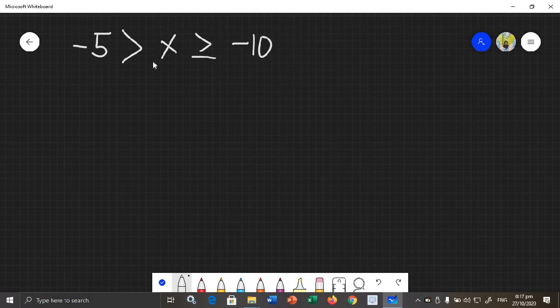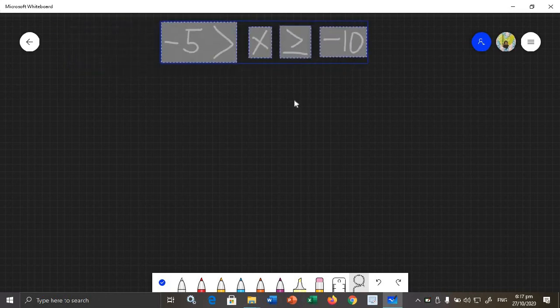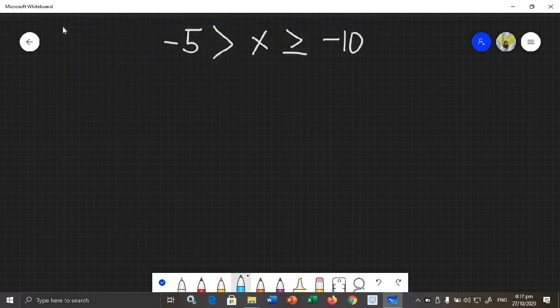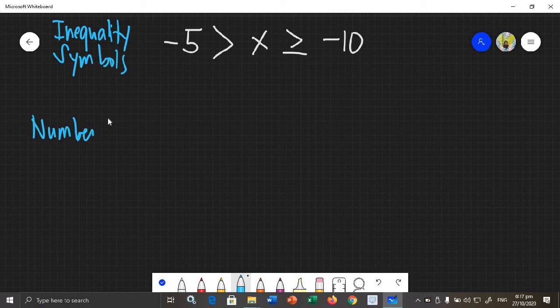So this given uses the inequality symbols, right? So how do we graph this into a number line? So I'm just going to move this and then label everything. So using the inequality symbols, how do we plot that in a number line? And what will be the interval notation?